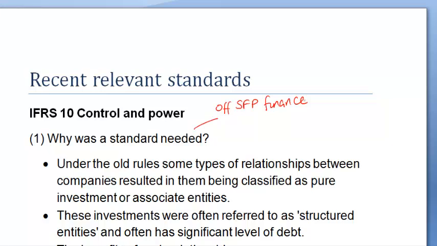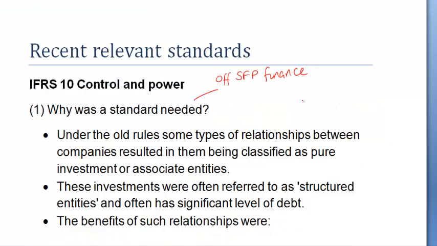And a lot of the reasons why we've introduced new standards is to stop companies from abusing the existing rules in order to manipulate key ratios such as gearing. And this is a classic example.